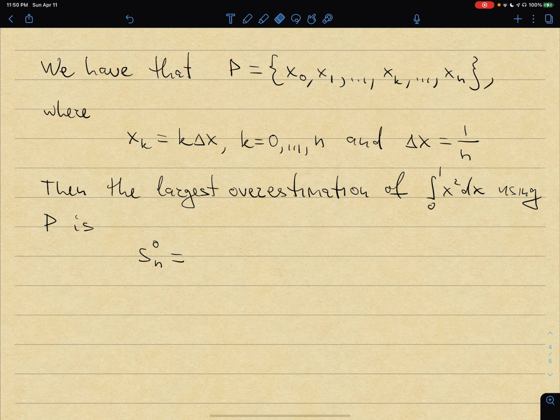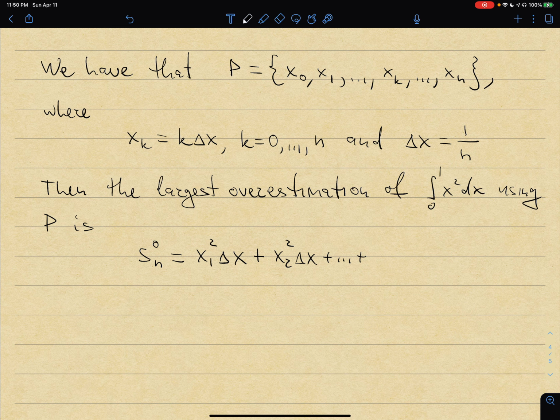So it would be x1 quantity squared. And the width of all intervals is exactly the same and equal to delta x. Second rectangle will have an area x2 squared times delta x, plus so on until you reach a last rectangle.